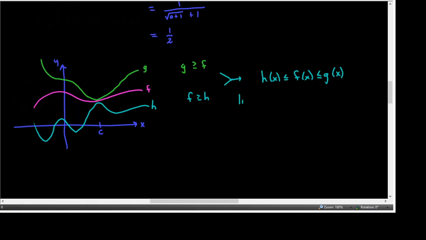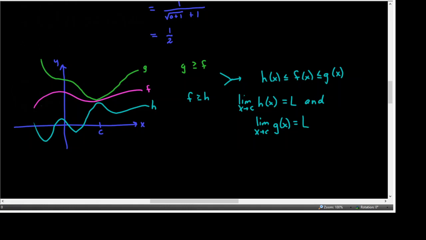So we know that as x approaches c, the function h of x approaches some limit L. And for the other well-behaved function, g of x, as x approaches c, we can also find it using techniques we already know, and it also is L.